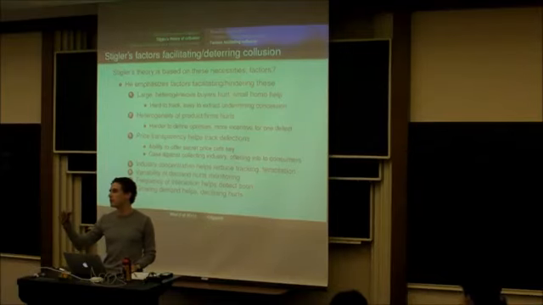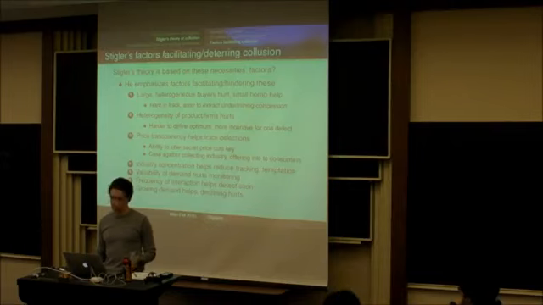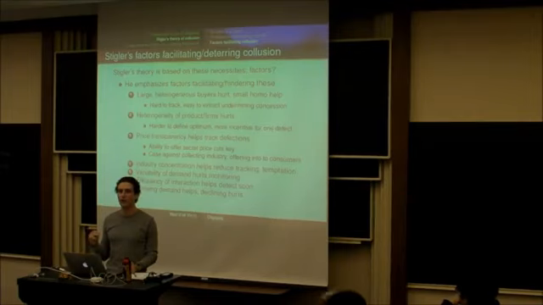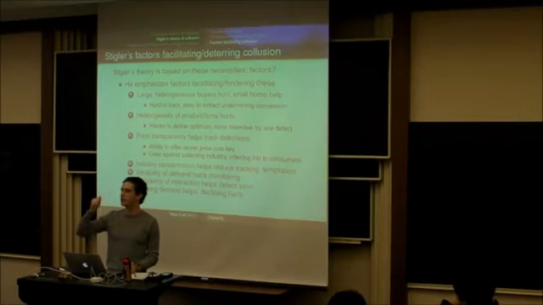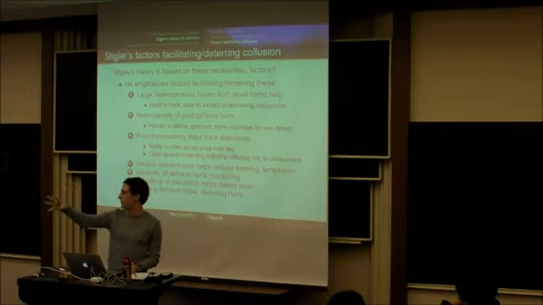If there's growing demand in the industry, it's going to be much easier to collude than if there's shrinking demand. If there's growing demand, everyone says, okay, I want to make sure that I make a lot of profits in the future. I don't care very much about what's going on today, right? And that's going to make them stick to the cartel because they want to make profits later.